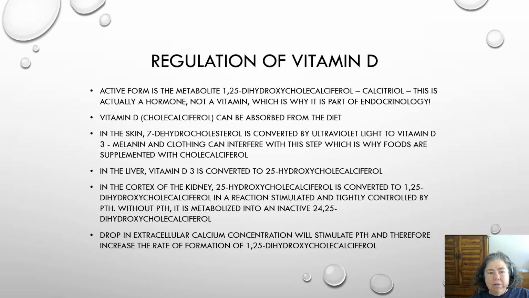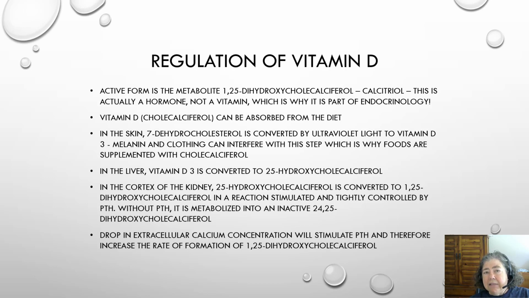And you don't have to remember all of these names, but I do want you to know that in the cortex of the kidney, there is a conversion of this precursor into something called 1,25-dihydroxycholecalciferol, which is active vitamin D. So you need active vitamin D. Parathyroid hormone stimulates the kidney to convert inactive vitamin D to active vitamin D. In the absence of parathyroid hormone, vitamin D precursors are not activated. They're converted into another inactive form of vitamin D.